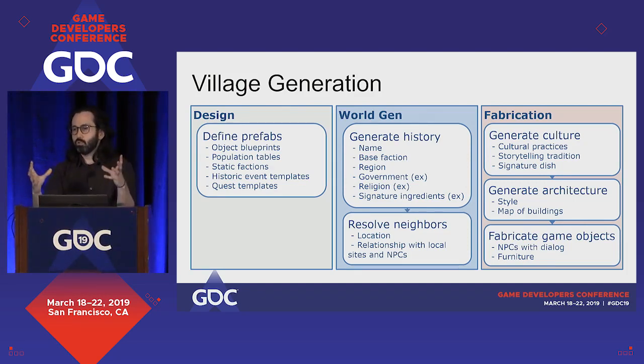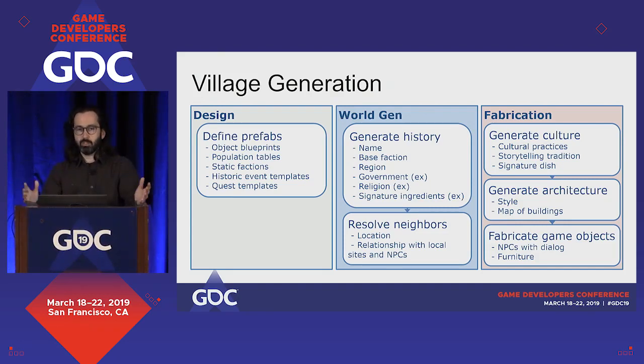We're generating a whole new world for you. And during that phase, what we call world generation, we're actually generating the history of each of these villages. Then there's a next step called Resolve Neighbors, where we're figuring out where the village is going to exist in the world and what relationships it's going to have with its local neighbors in that local region.